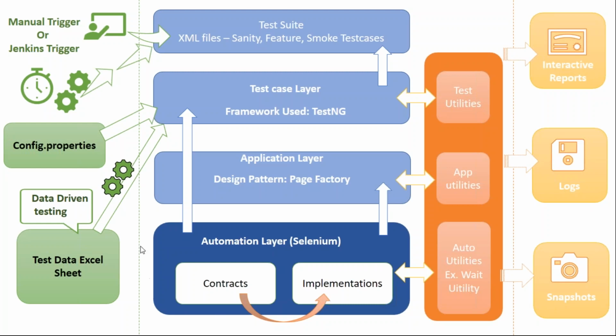In this particular layer, you will only write methods related to Selenium, that too with all generic values. There won't be any hard-coded value. There won't be anything related to the application you are going to automate. Nothing. You will not have even a single thing out of that, not even a single term.